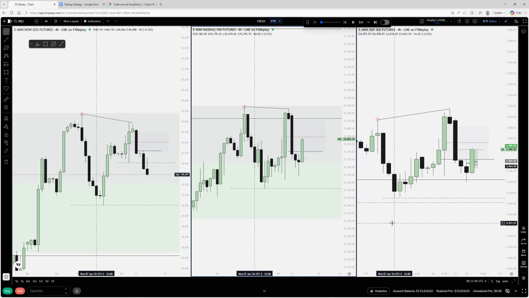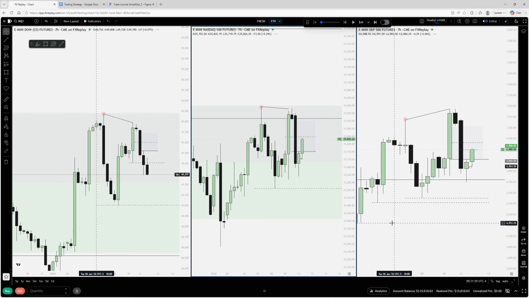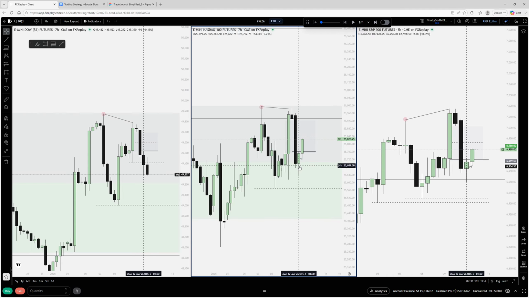So one thing I like to look at as well is a 7 o'clock candle. And the 7 o'clock candle like this, mind you, I think there's only 4 7 o'clock candles in a day.